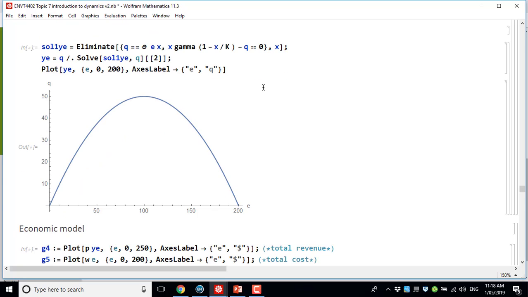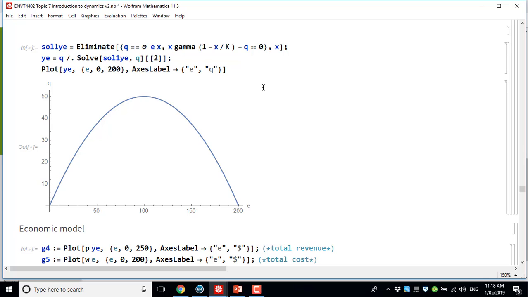then we use some commands. We use the eliminate command here, and what that does is it allows us to take a system of equations.